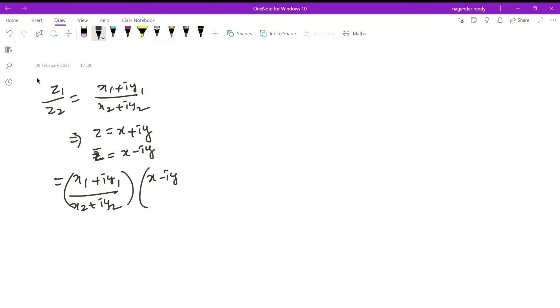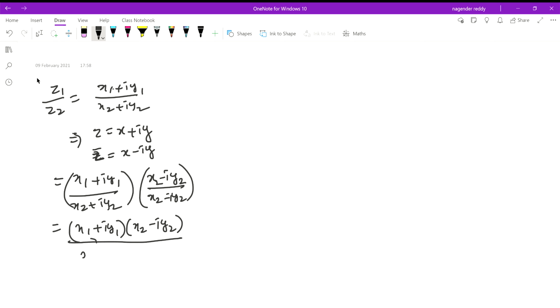Here I'm doing it for z2, so I'm going with x2 minus i y2 by x2 minus i y2, because if you cancel these two, you'll get the same thing, right? So now multiply here the same concept, x1 plus i y1 into x2 minus i y2.